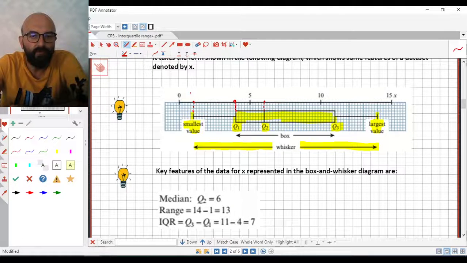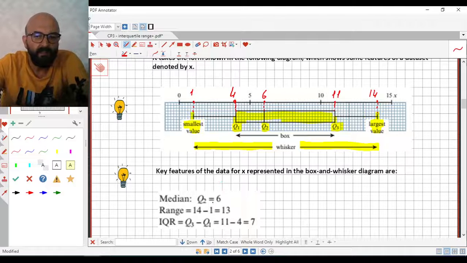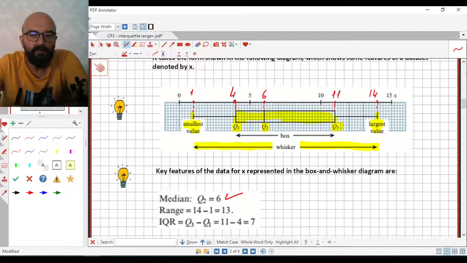The smallest value is 1, the largest value is 14, the upper quartile is 11, the median is 6, and the lower quartile is 4. The range is 14 minus 1, and the interquartile range is 11 minus 4, which is 7.